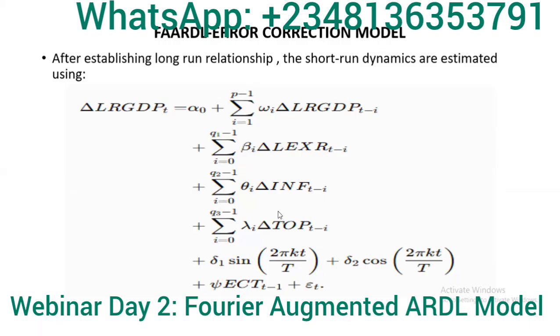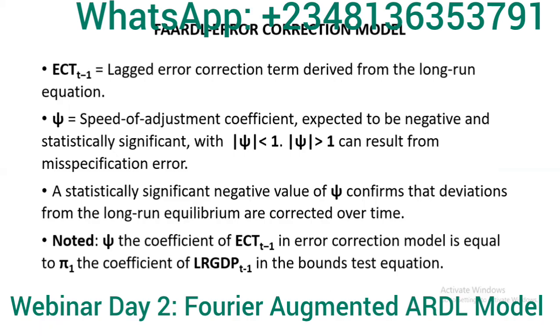Then we have plus the Fourier terms, then plus the error. We have the error correction term, then the coefficient, and then the error term. Then we have the note on the error correction model.